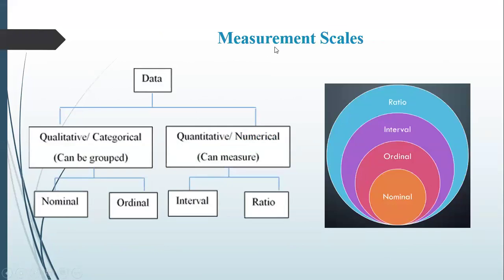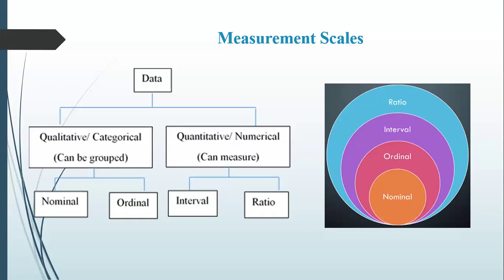So there are 4 main measurement scales. All measurement scales are based on data. Data are gathered from tests and measurements. As I told you earlier, those data can be categorized as qualitative and quantitative. Qualitative data can be grouped, but we can't use it for numerical calculations. In quantitative measurements, we can use them for numerical calculations.